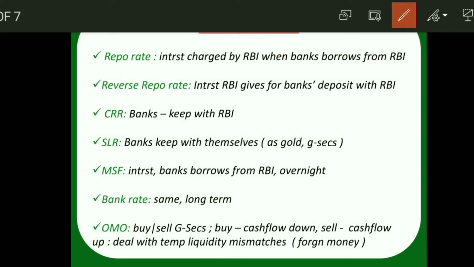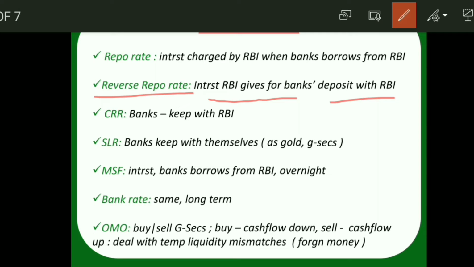Now let us look at what is meant by reverse repo rate. It is just the opposite of repo rate. It is the interest rate RBI gives to the banks for their deposits with RBI. It is like the banks giving us interest for our deposits with the bank, FD, like that. Okay.